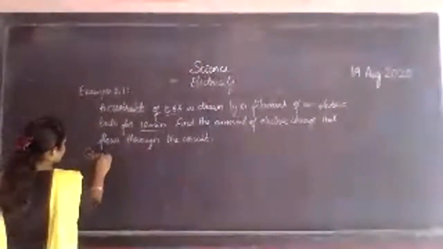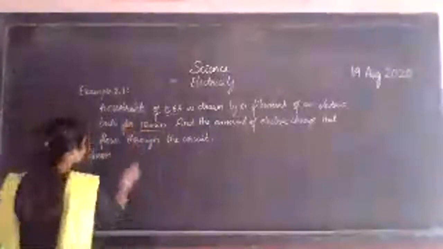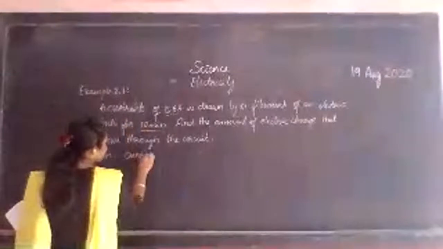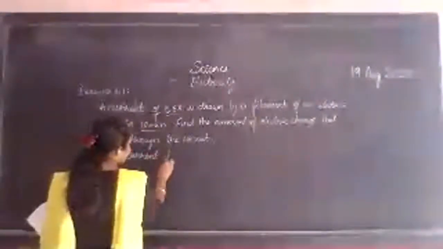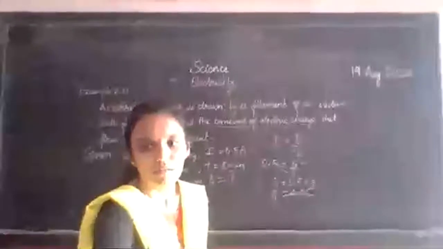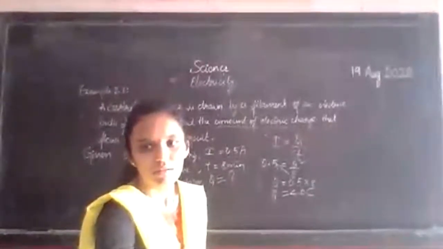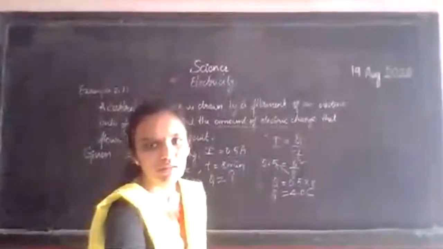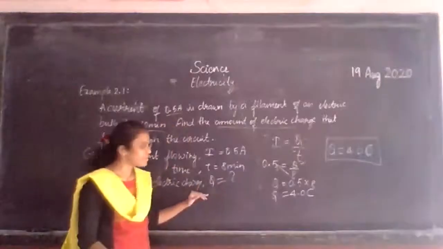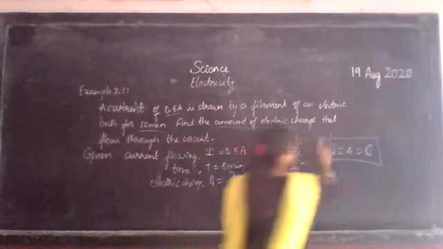What is given? Current. So given, current flowing I is equal to... I'm sorry, I made a small mistake here.